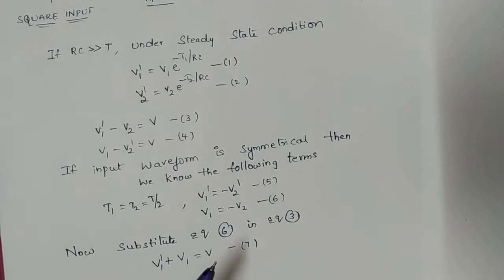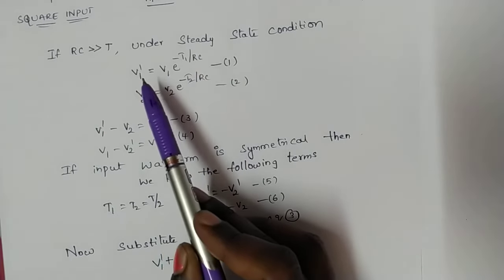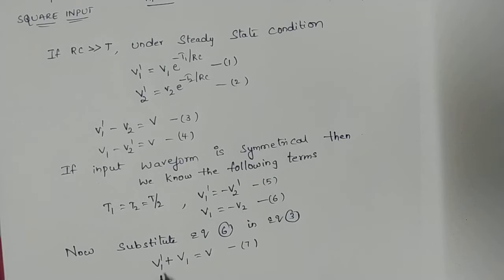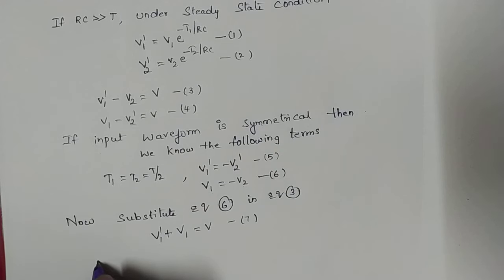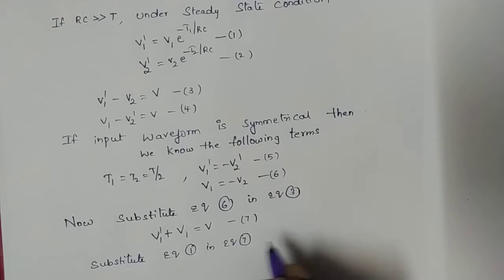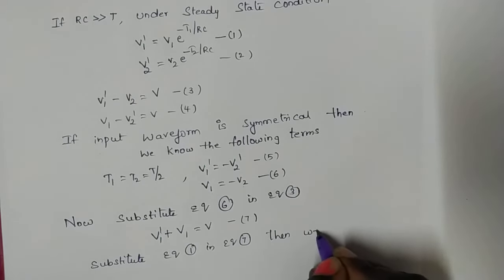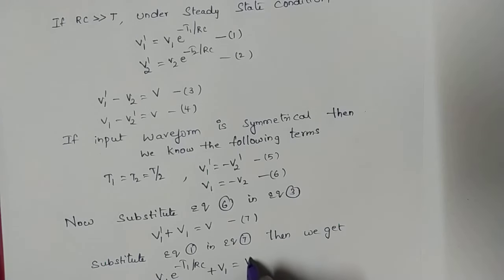From equation 1, we know the V1 dash value. So now substitute the V1 dash value in this formula. Substitute equation 1 in equation 7, then we get V1 into e power of minus T1 by RC plus V1 equal to V volts.